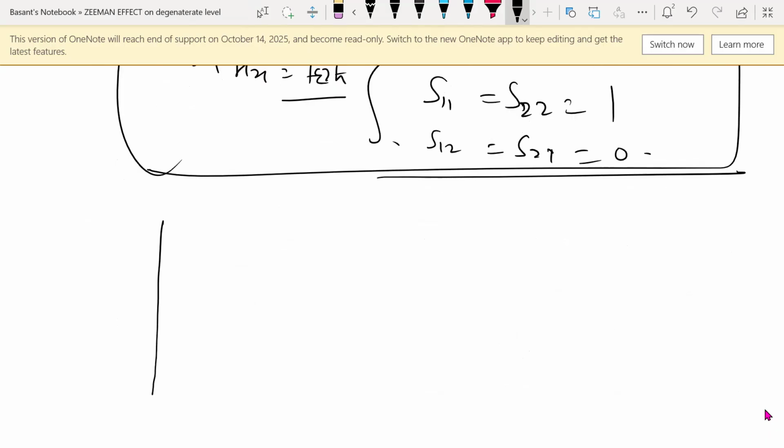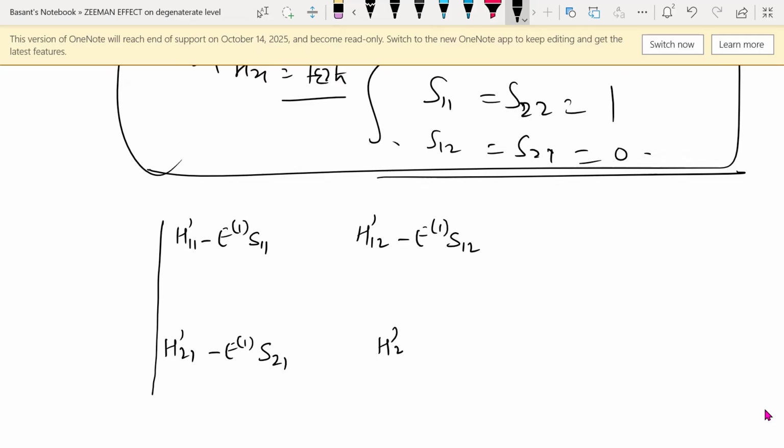The first element of the first row becomes H'11 minus E1 S11, and H'12 minus E1 S12, and H'21 minus E1 S21, and H'22 minus E1 S22 is equal to 0.